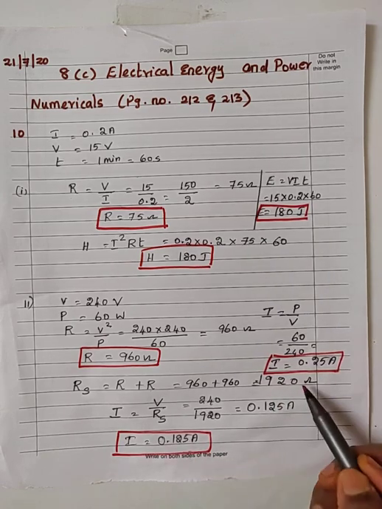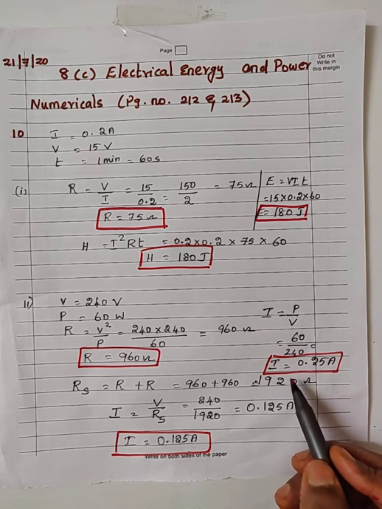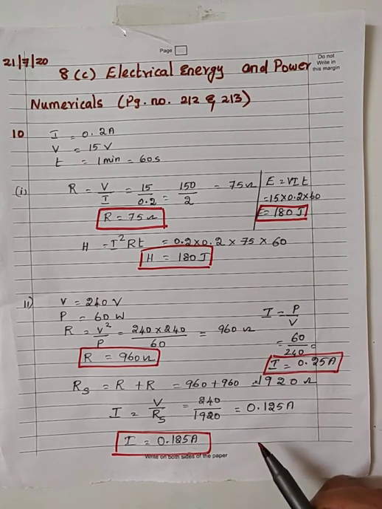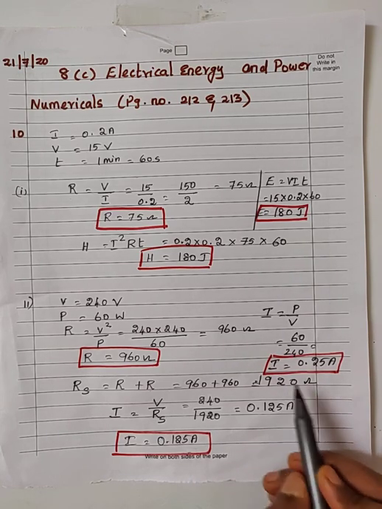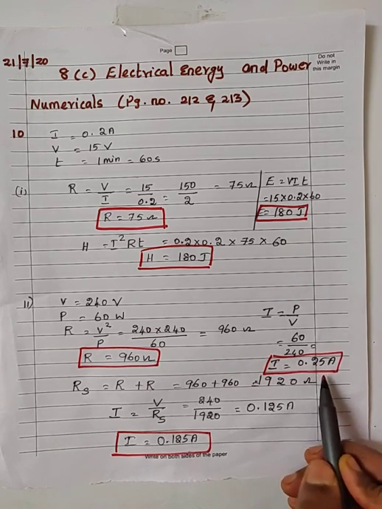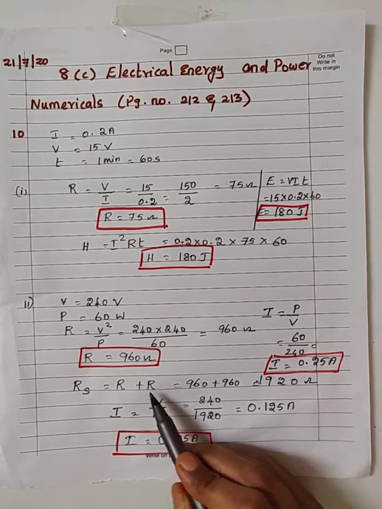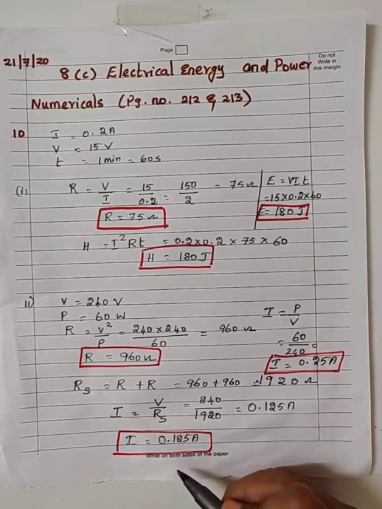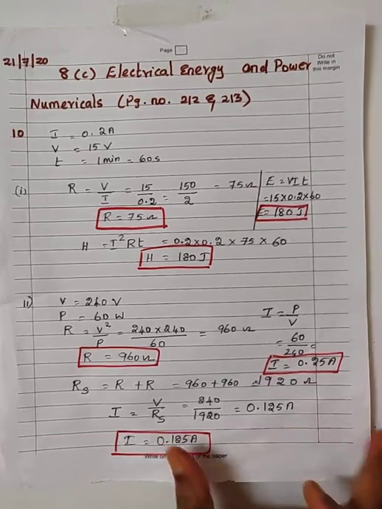So this is less than the safe current limit, the current required by the bulb for its operation, so the bulb glows with a lesser brightness. In the question you are asked, explain why each one appears less bright. Actually each bulb requires 0.25 ampere for its operation, but since the two bulbs are connected in series, each bulb is getting a current of 0.125 ampere. Because of that, the bulb glows with a lesser brightness or lesser intensity.